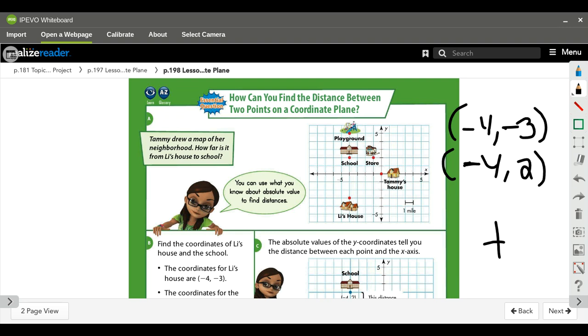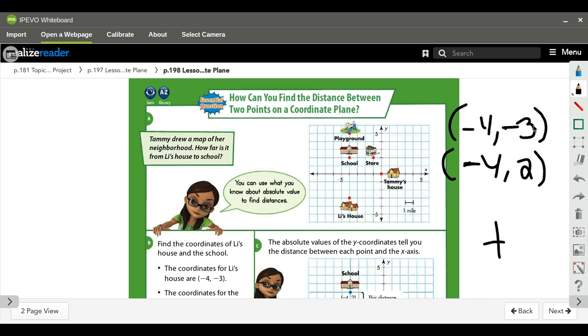To determine which absolute values to use, I'm going to look for the coordinate, whether it's the x or y, that's different. If you notice between these 2 points, -4 is the same in both coordinates. It runs along that line on my coordinate graph. So I'm not going to worry about -4. I'm going to worry about the y coordinates because they are different values.